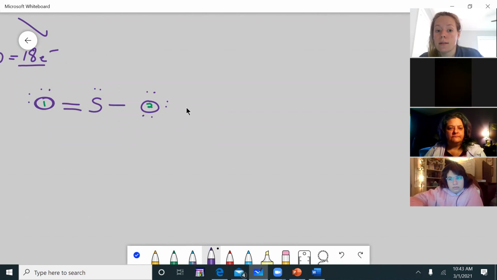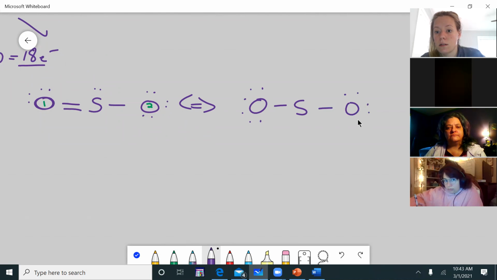The answer is yes. So instead of drawing it like this, I could have drawn it like this, where there's a single bond off this oxygen. Let me add this. And instead of making the double bond here on oxygen 1, I make it off of oxygen 2. All right.